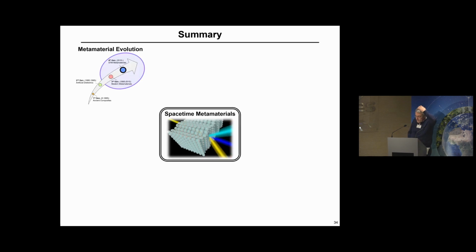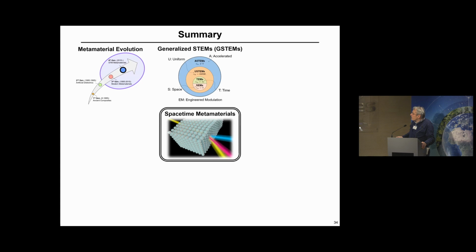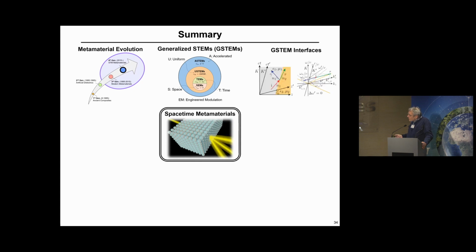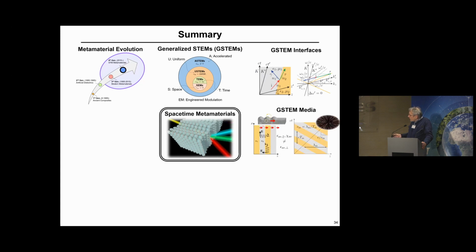So, conclusions at this point. I talked about space-time metamaterials and their evolution from early types to space-time systems. And I presented a generalized and extended perspective of the space-time systems. What I showed is the scattering in the direct and inverse space, so the different Fresnel scattering and also the horizontal or oblique transitions.